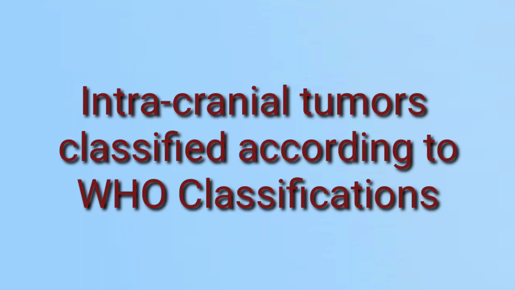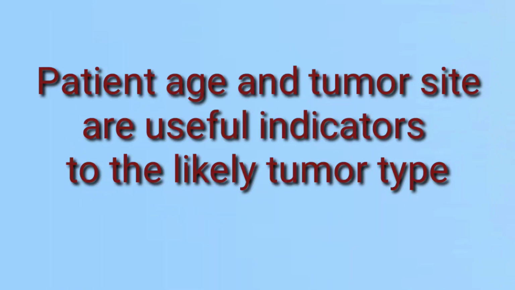Another important point worth noting is that the patient's age and the tumor site are very useful indicators for the diagnosis of the tumor type. Some tumors happen at certain ages and some particular tumors have a particular site.